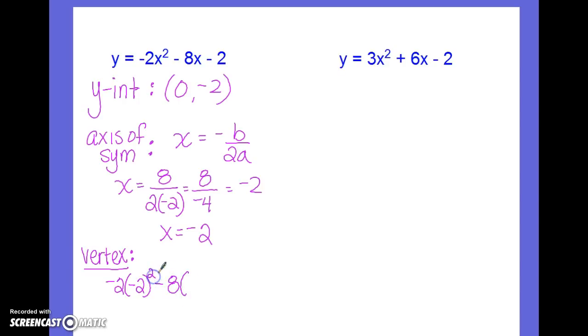Oh, I forgot my square there. So I end up with 4 times 2 is negative 8, plus 16 minus 2, so that would be 8 minus 2, which is 6. So my vertex point as an ordered pair would be negative 2, 6.